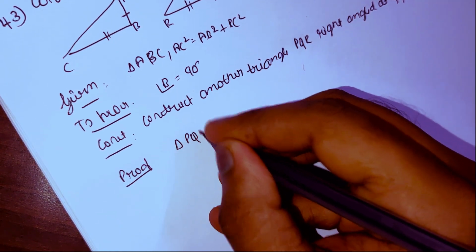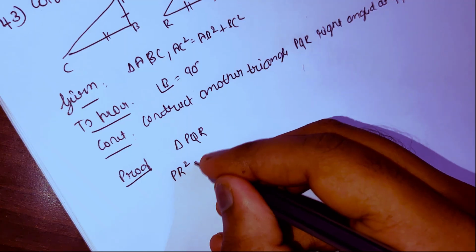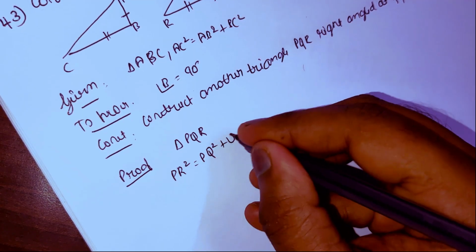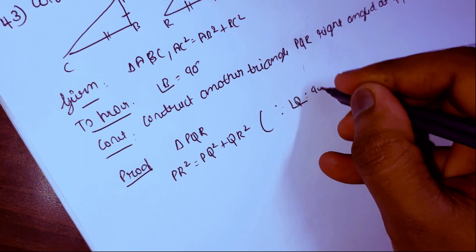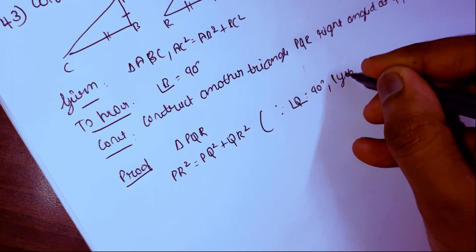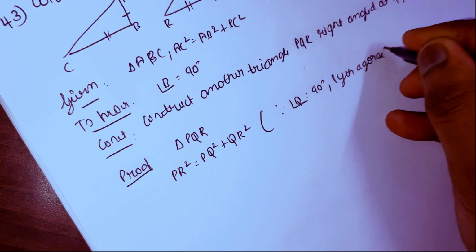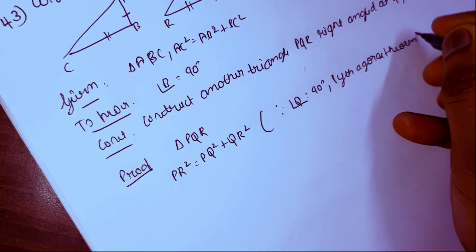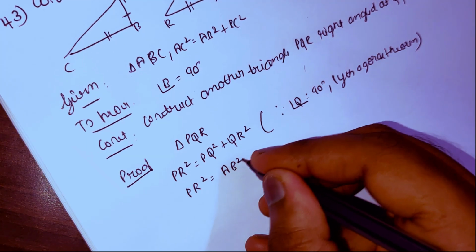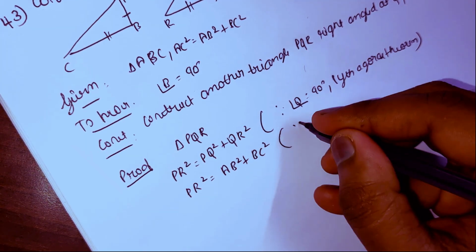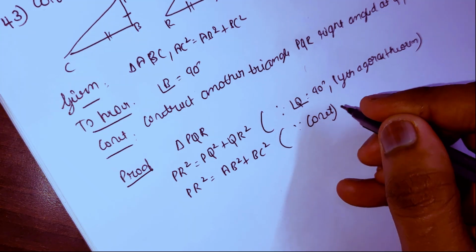In triangle PQR, PR square is equal to PQ square plus QR square. This is because angle Q is equal to 90 degree, by Pythagoras theorem. PR square is equal to AB square plus BC square. This is by construction what you have done.